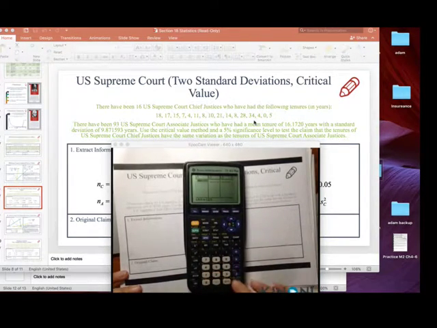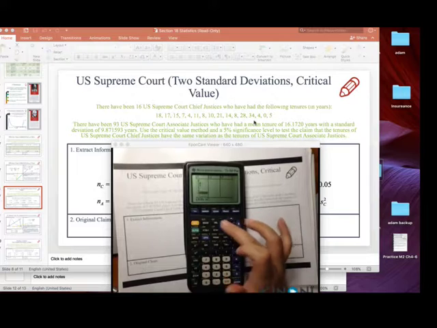So I have 18, 17, 15, okay, so I have 16 data here.